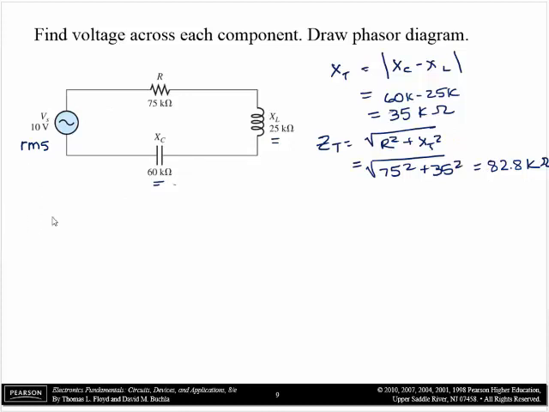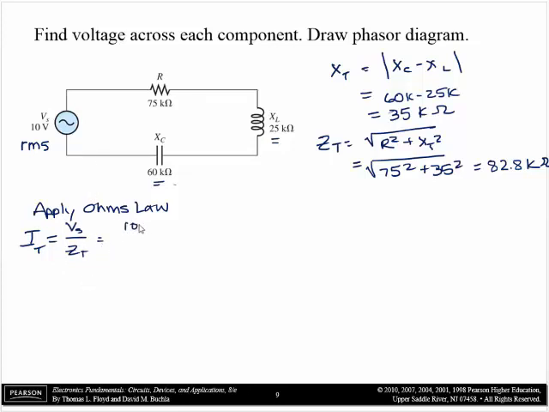So now, find the voltage across each component. We just apply Ohm's law, keeping in mind that we have to do Ohm's law with reactances. Sometimes that modifies Ohm's law slightly, but I total must be V source divided by Z total, just like we've done before.